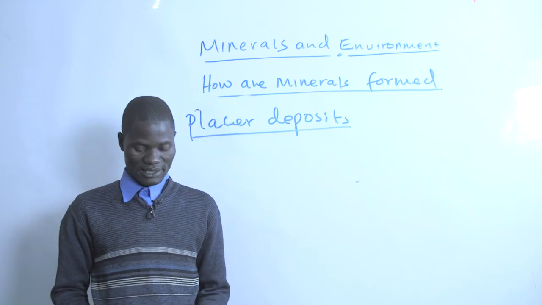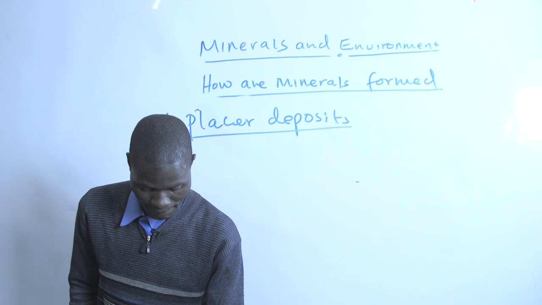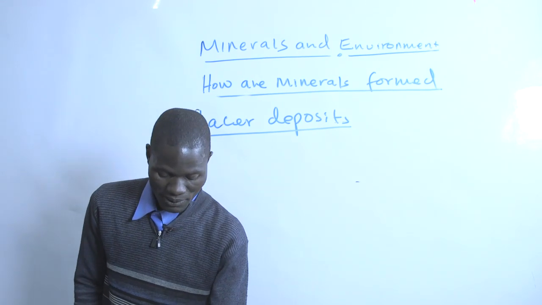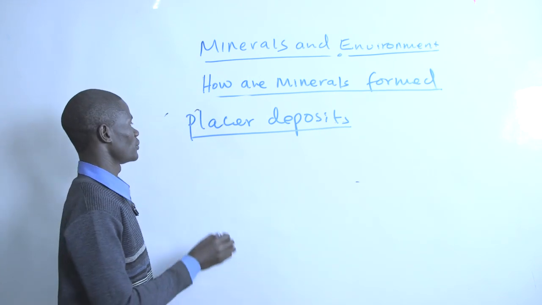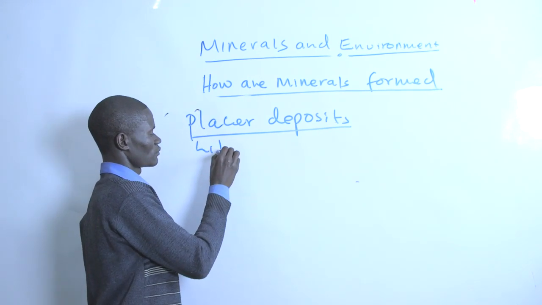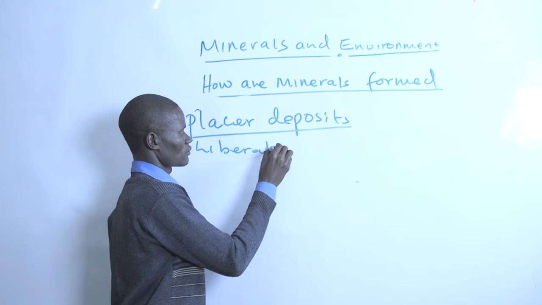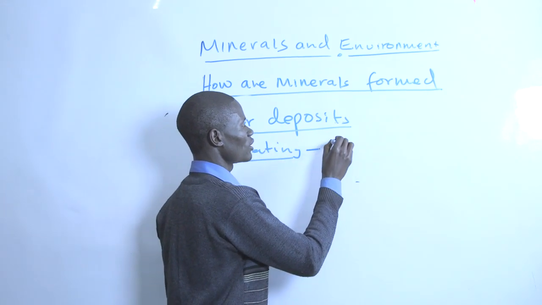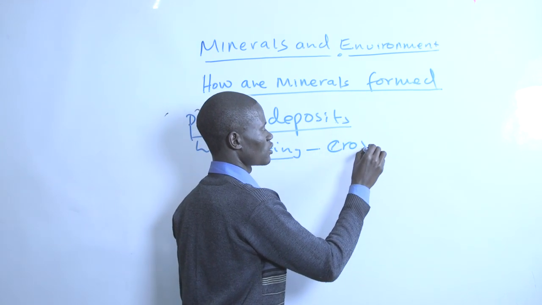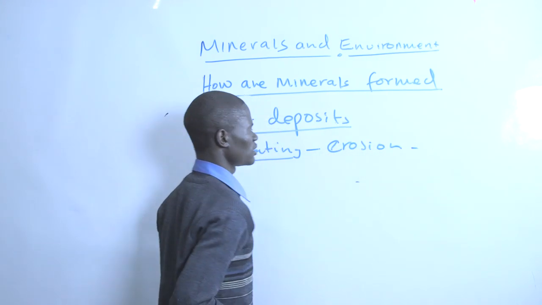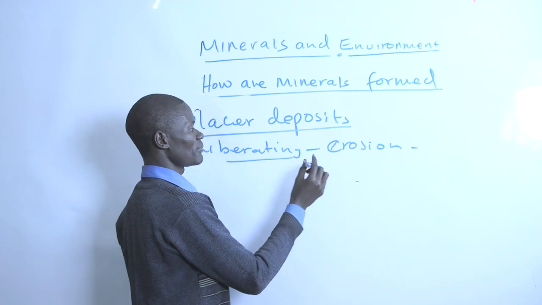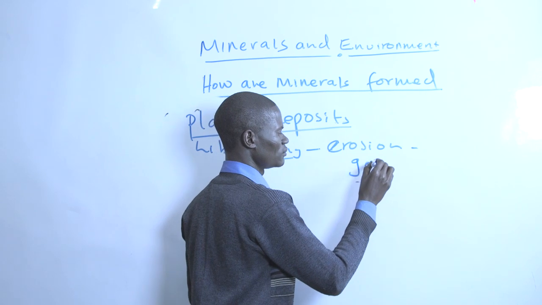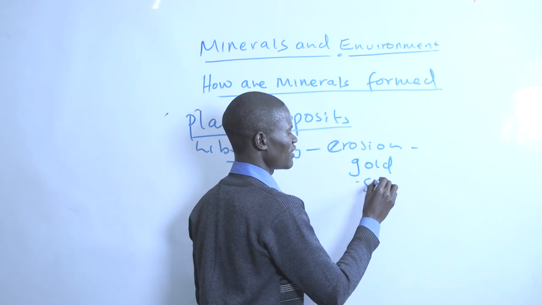Placer deposits involve liberating minerals such as gold and silver by mechanical erosion. And the kind of mineral that can easily be liberated by mechanical erosion, we have gold and silver.